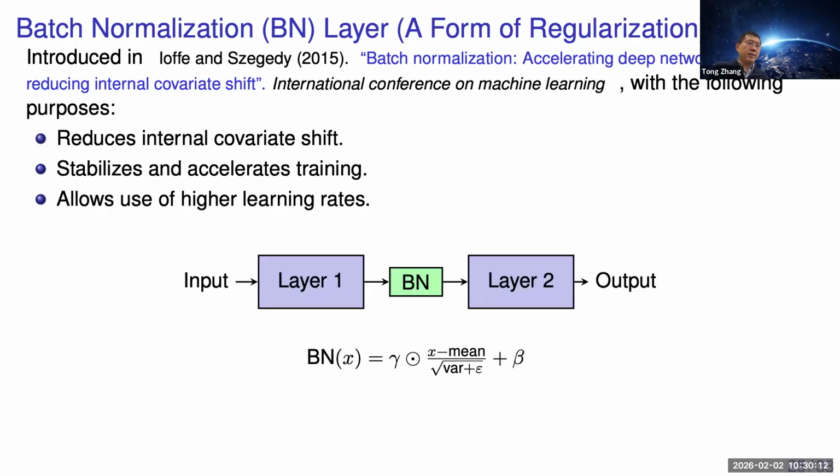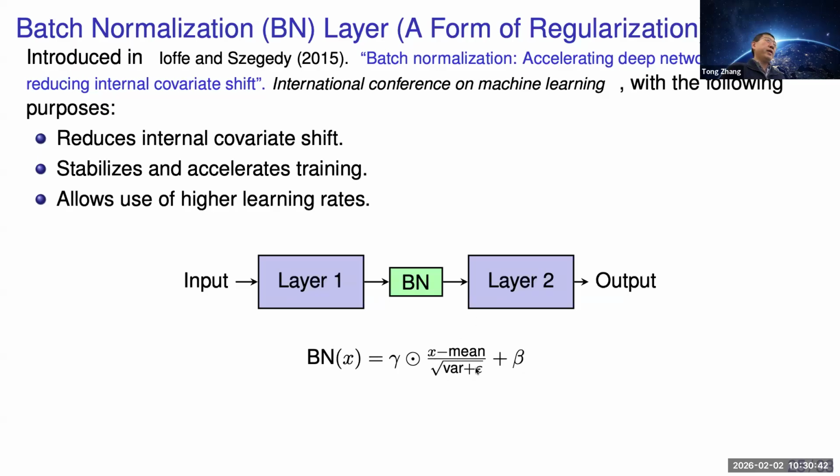It's actually just one layer, and the layer computes simple things. It's per element, looking at one batch. That's why I call it batch norm. You can do other things, but the batch makes it computationally easier. You look at the mean, and you always normalize your x by subtracting the mean and dividing by the variance.